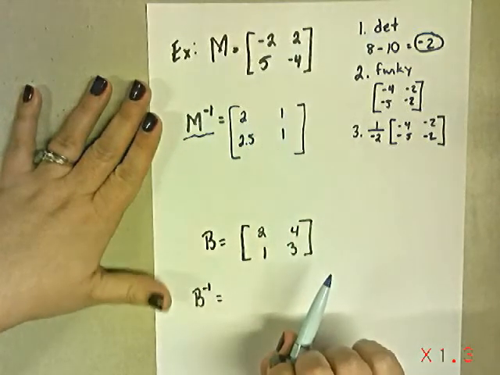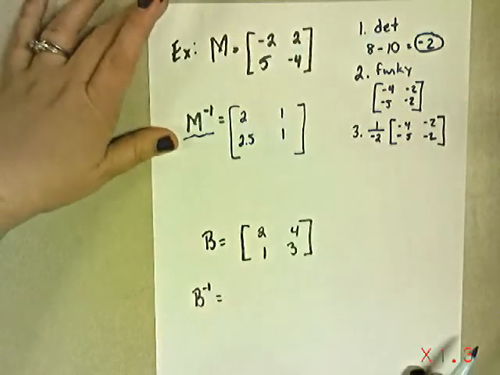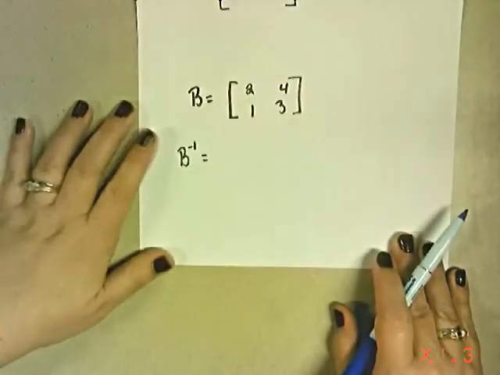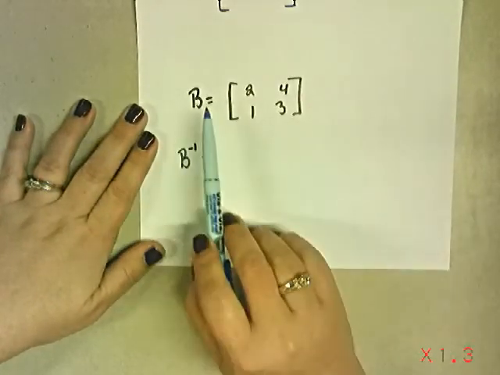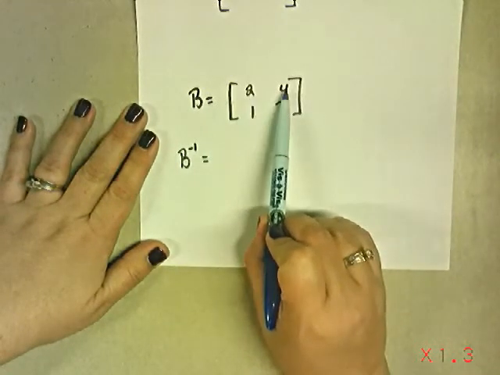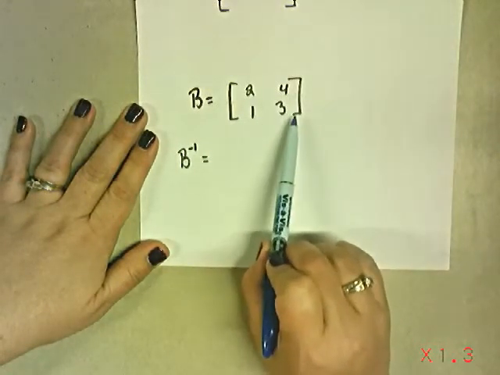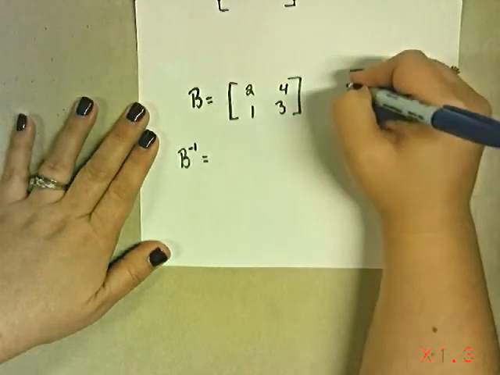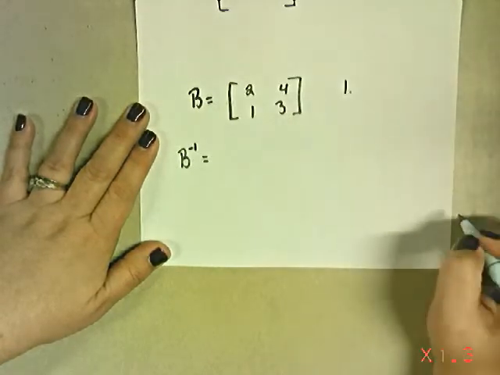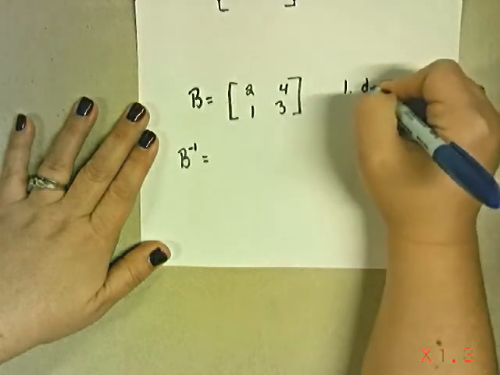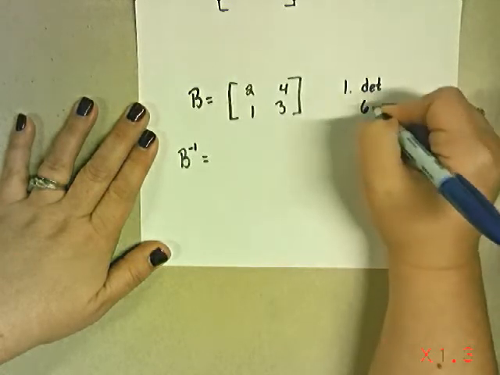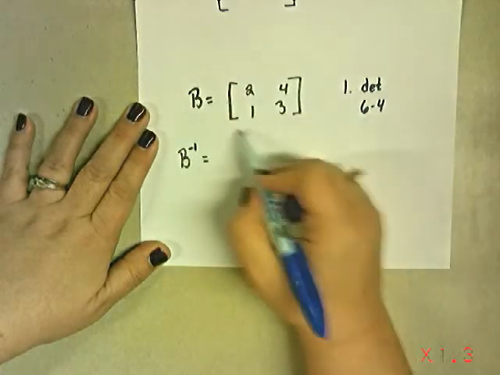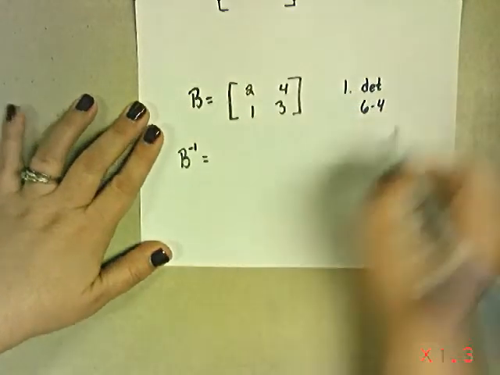All right, one more example. We have a B matrix down here that's 2, 4, 1, and 3. So again, step number 1, we have to find the determinant. So our determinant is 6 minus 4. First diagonal minus second diagonal.